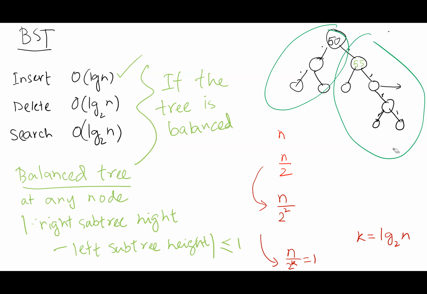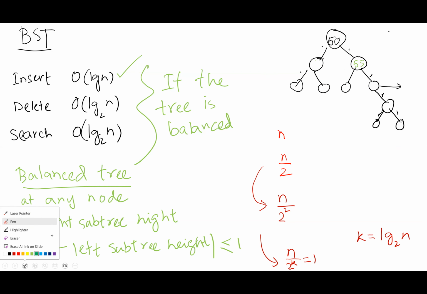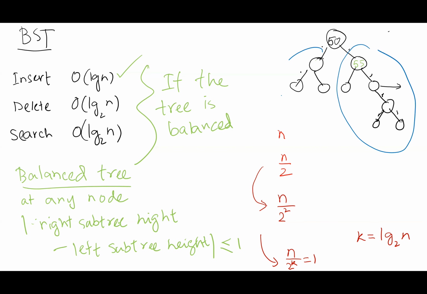But if it's imbalanced, as you can see in the example here, it has more nodes here than here. So what happens is, when you are reducing your search space, you are not necessarily reducing it by half.